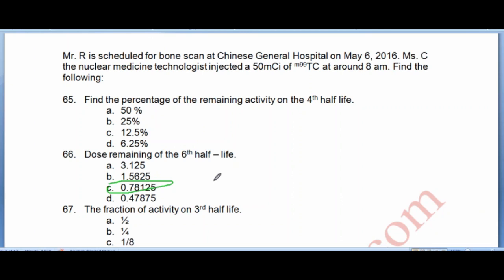Next, the fraction of activity on the third half-life.